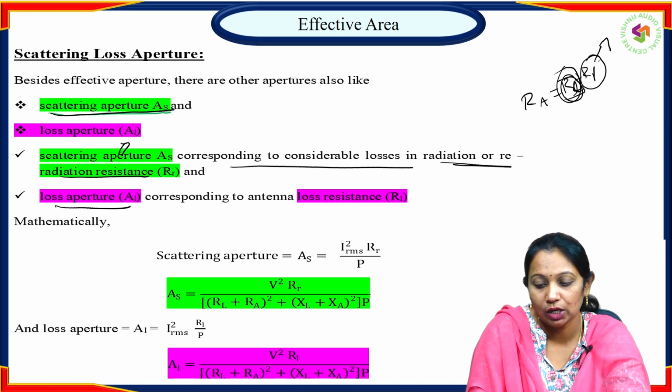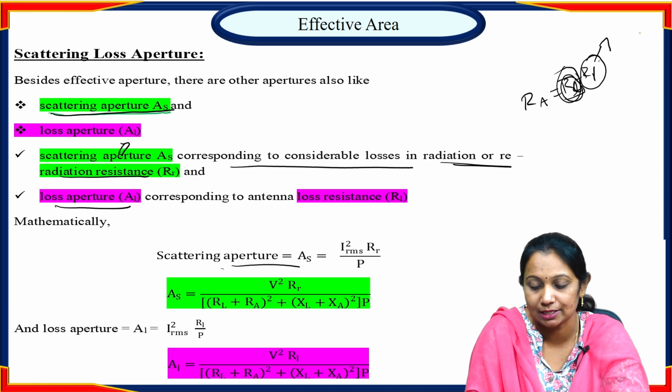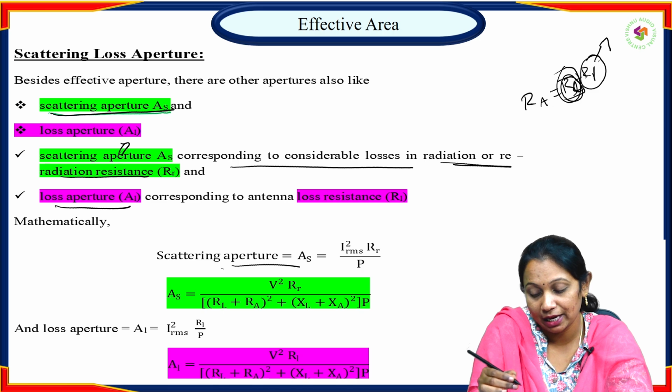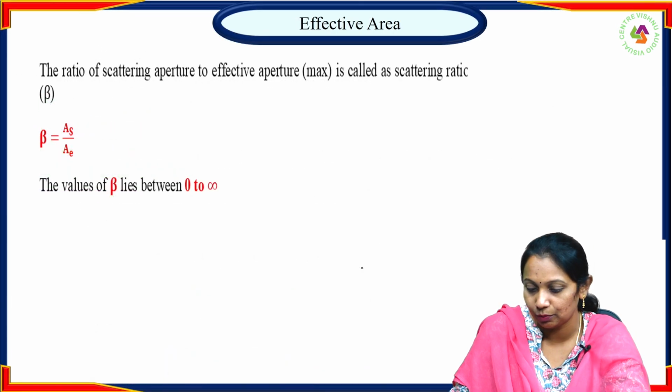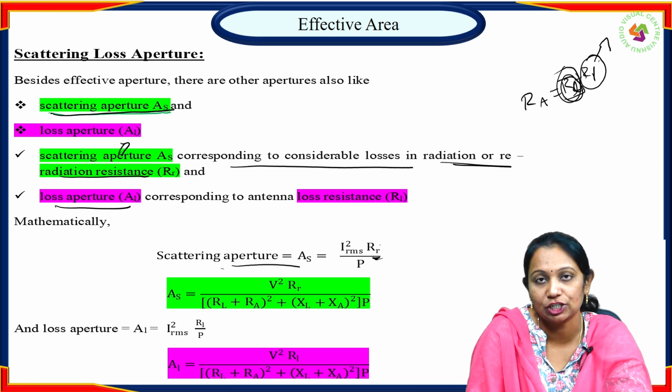We can write the scattering aperture AS with the same expression we wrote earlier. There we wrote I square RMS RL by P, but for this one we are going to write it in terms of the radiation resistance.